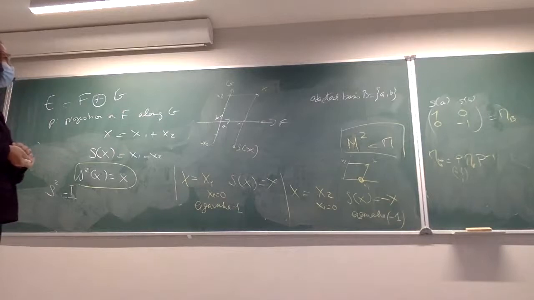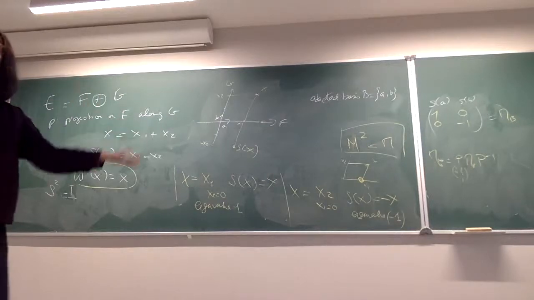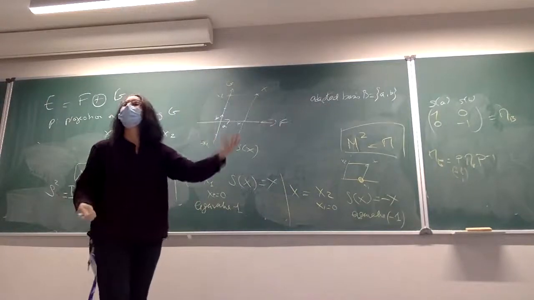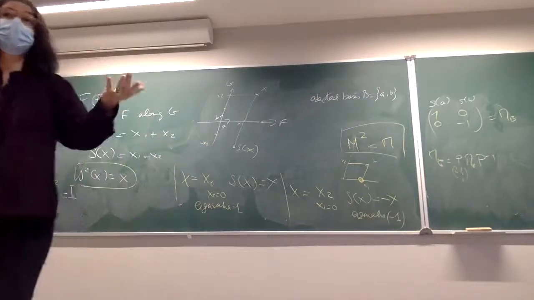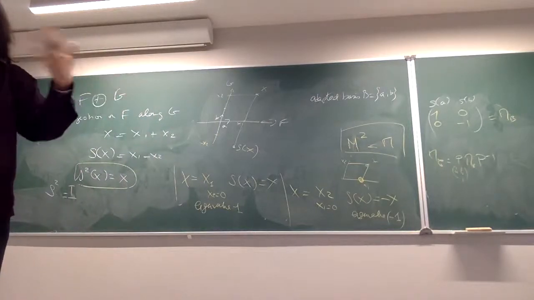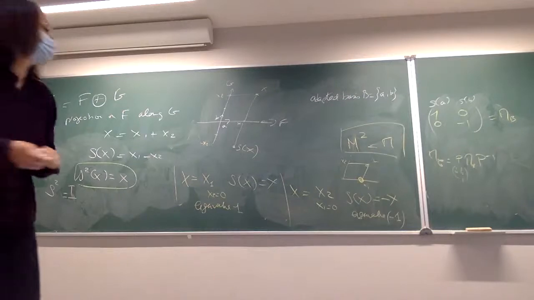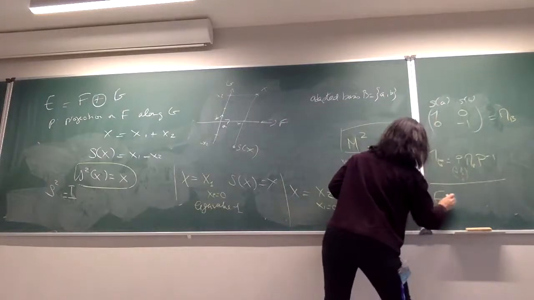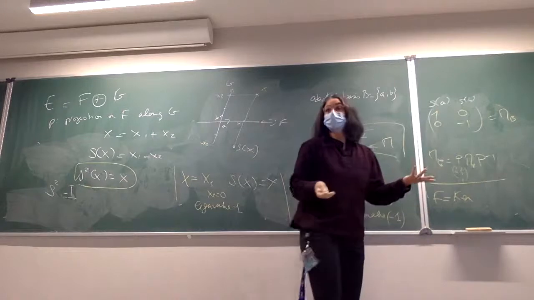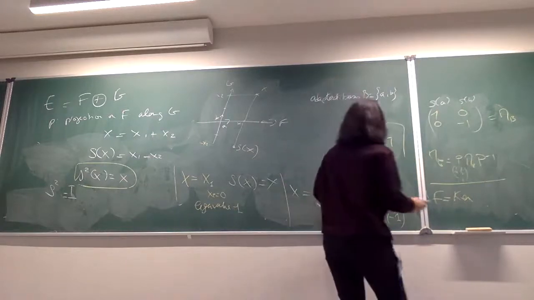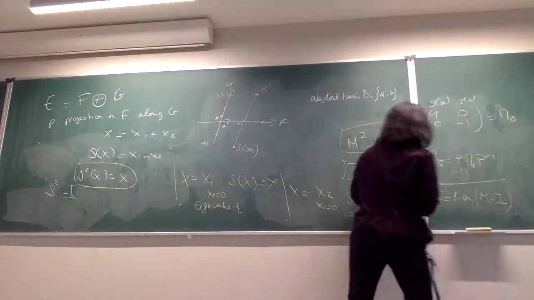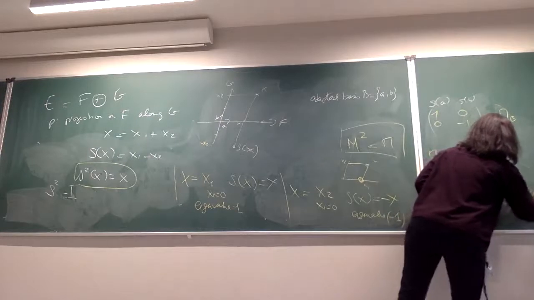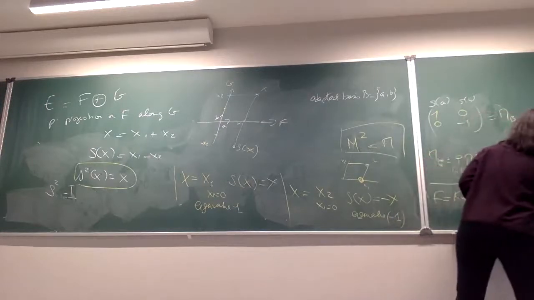And if you are given a matrix and you're looking for the corresponding spaces F and G, you have to look for eigenspaces for eigenvalue 1 and eigenvalue -1. F corresponds to the eigenvalue 1, so that's going to be the kernel of M minus identity, the eigenspace for 1.